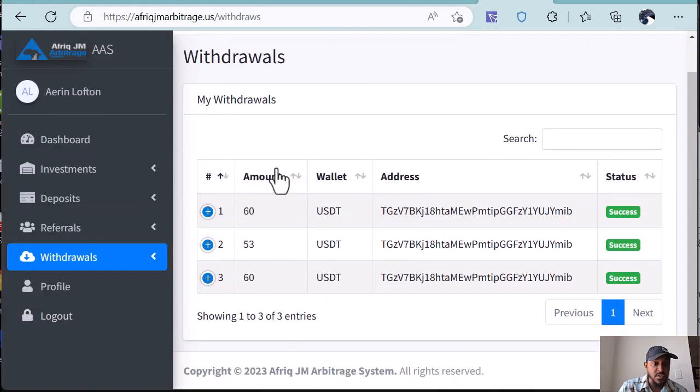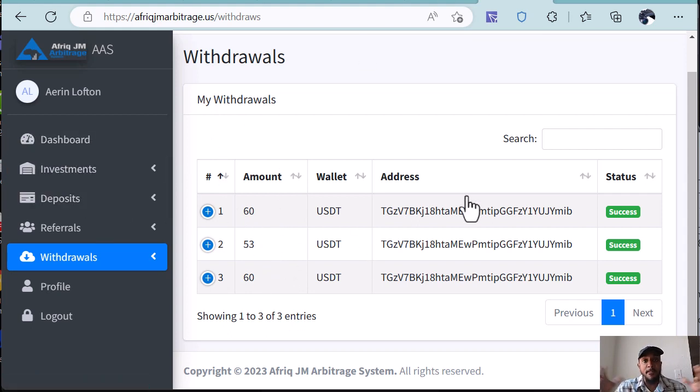I've executed 3 withdrawals. Tomorrow will be a month. I opened up an account with $100 on the 15th and made some extra deposits, but I withdrew $173 so far.